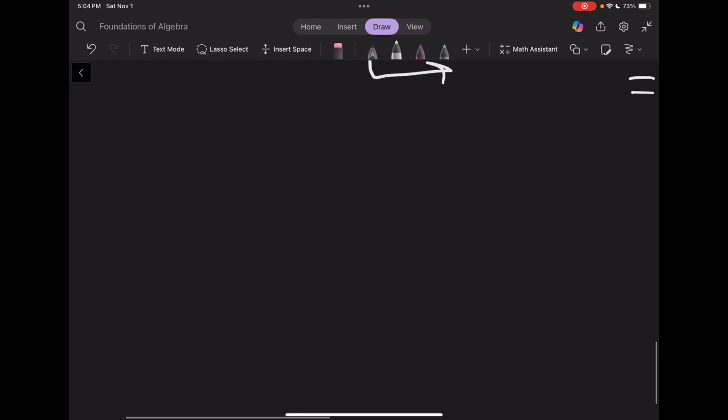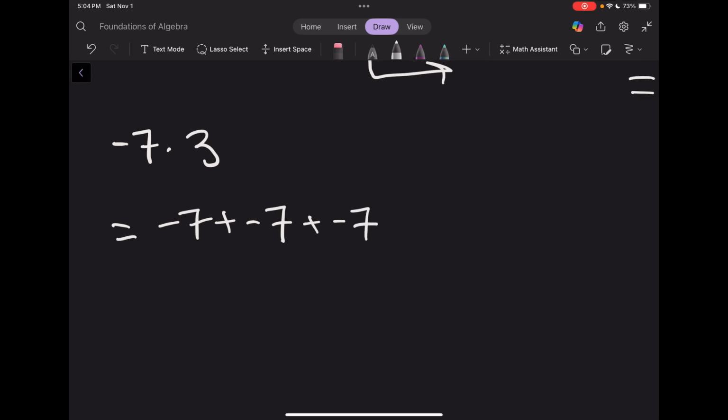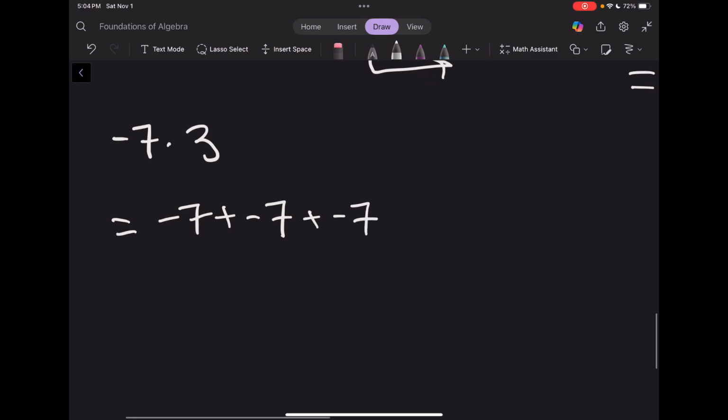So let's do negative 7 times 3. This is the same thing as negative 7 plus negative 7 plus negative 7. Sometimes the first thing I do is, okay, I see a negative number times a positive number, so I know I'm going to have a negative answer.